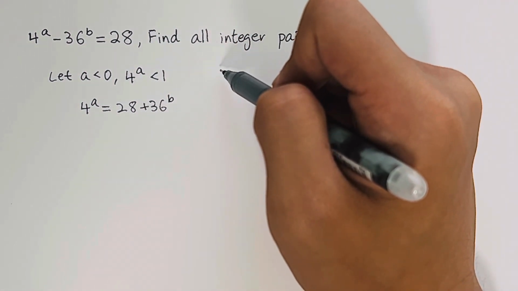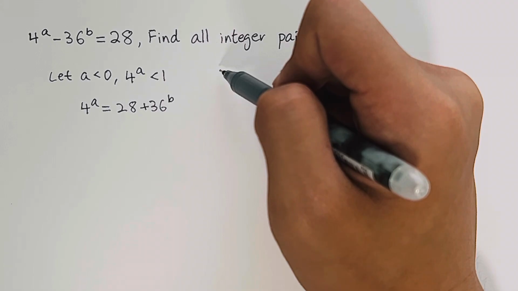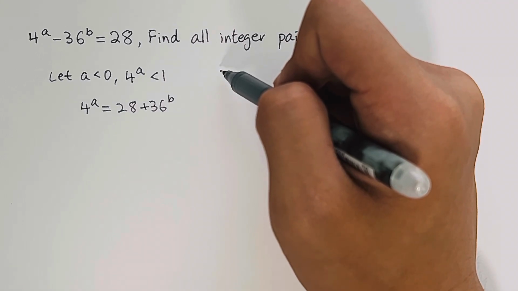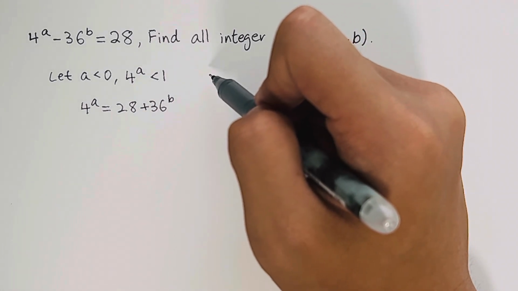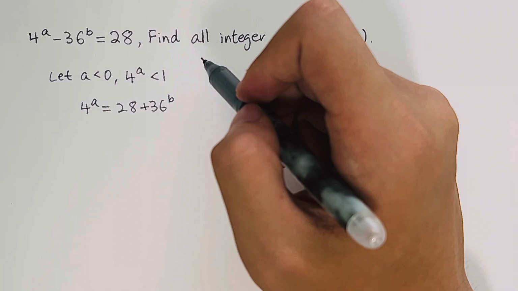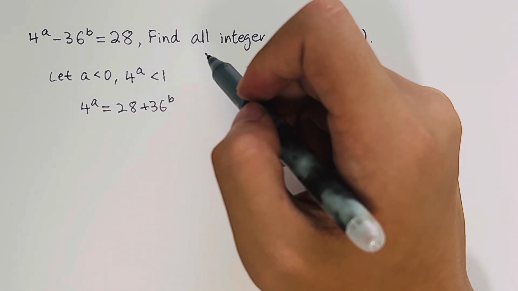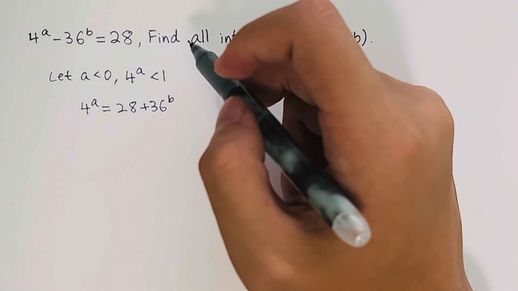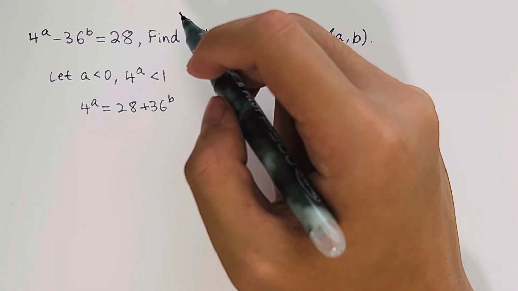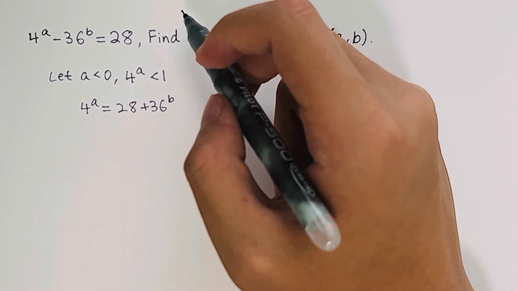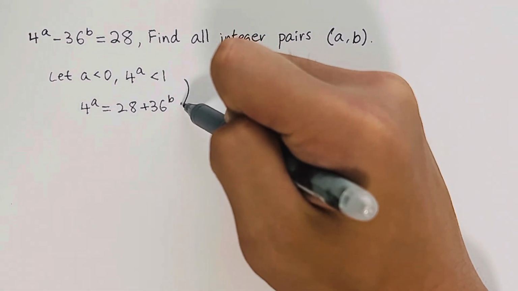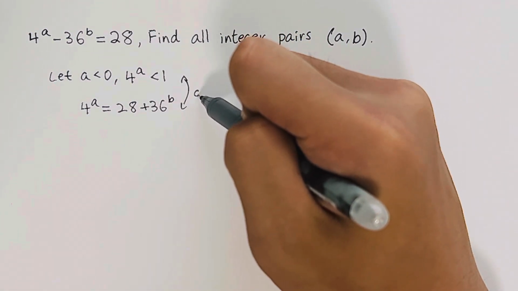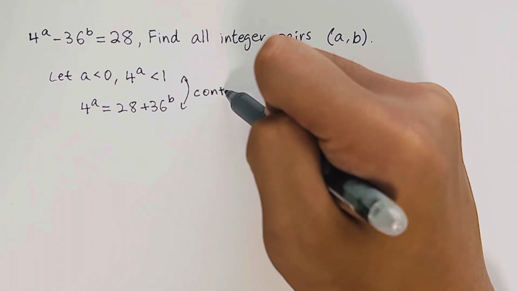Since the right-hand side is an integer, this will force 4^a to be an integer, which is impossible for a less than 0. So we have reached a contradiction. The same contradiction will arise if b is less than 0.